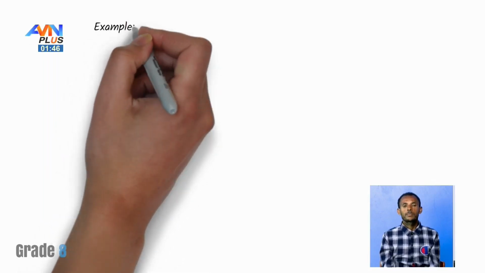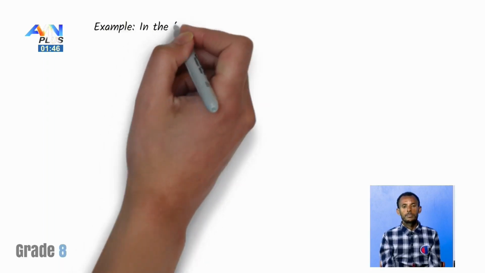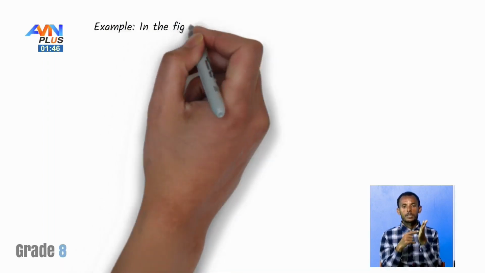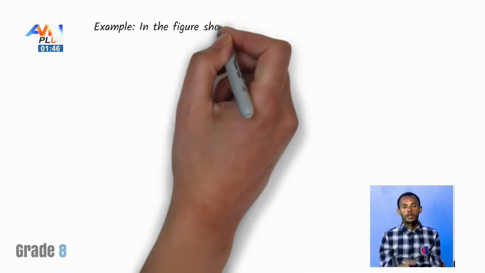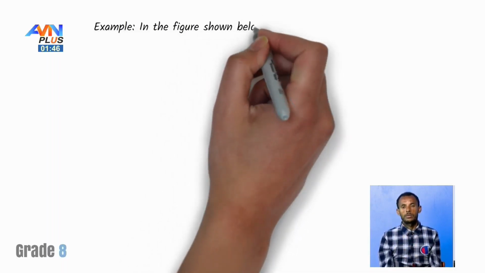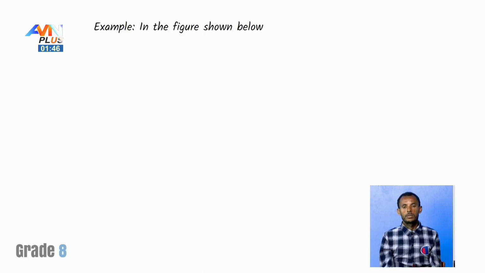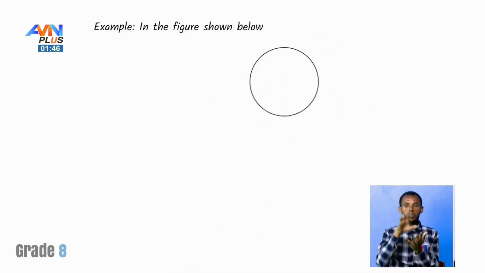So let's see the first example. In the figure shown below, our figure is a circle containing two intersecting chords.